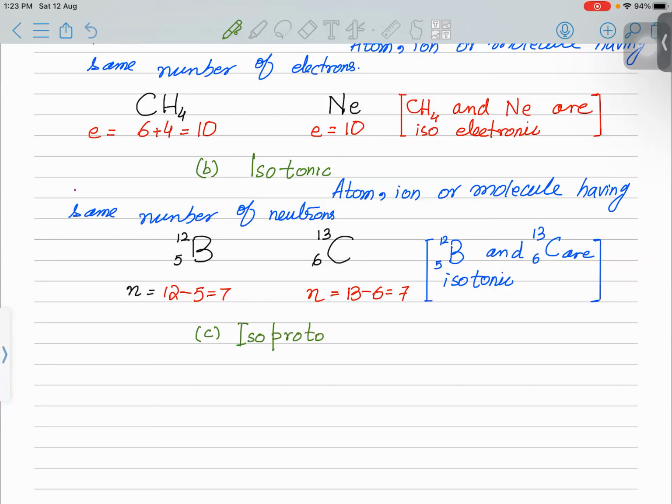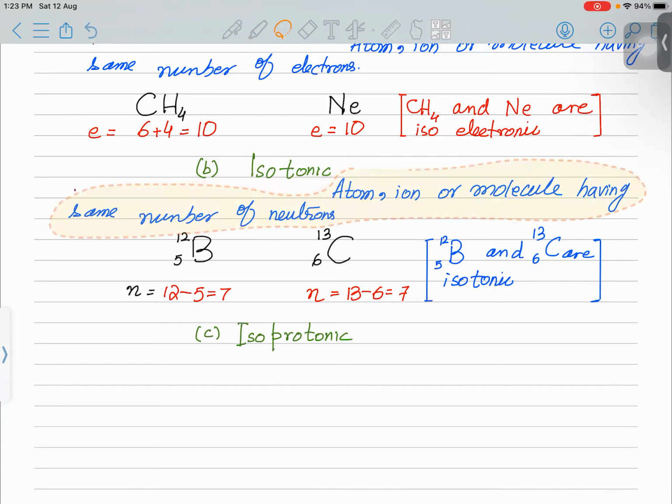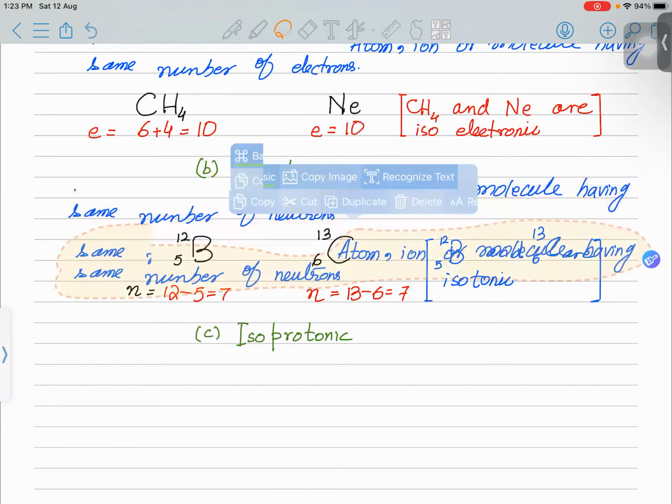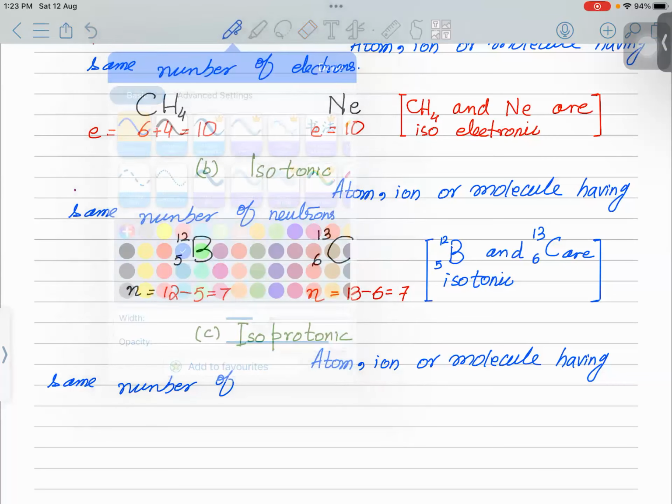Next is isoprotonic. Protonic means protons. So what is the definition of isoprotonic? Having the same number of protons.